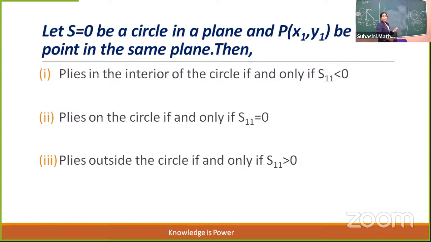Let us derive the algebraic notation. How can we justify algebraically whether the given point lies inside the circle or not? Let us take the conditions one after the other.